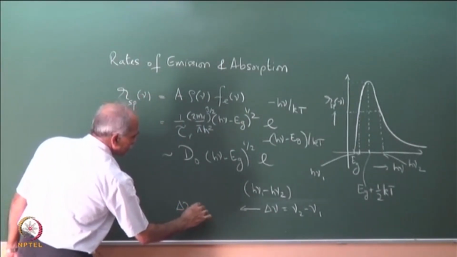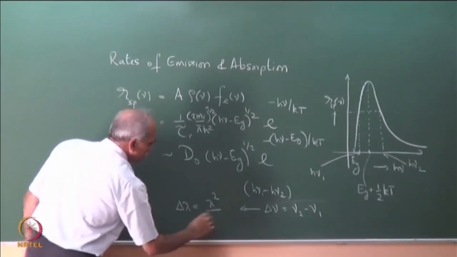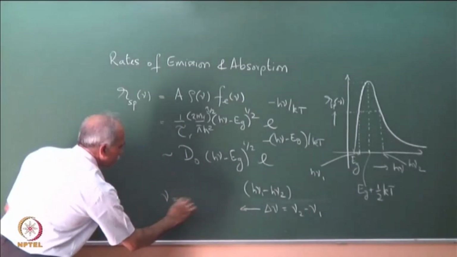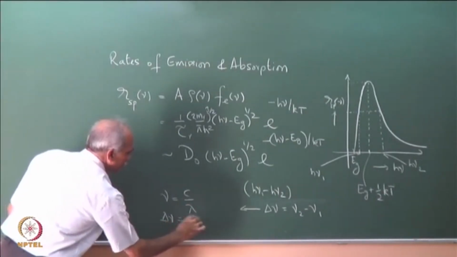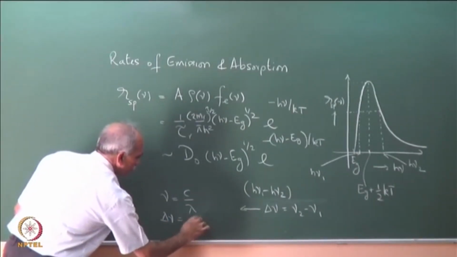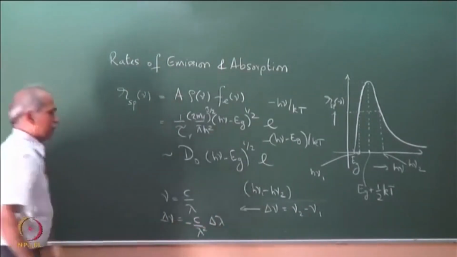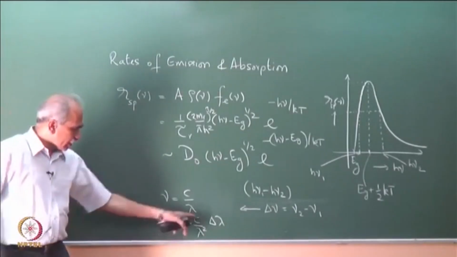Nu is equal to c by lambda, and therefore delta nu is equal to c by lambda square into delta lambda with a negative sign. So, delta lambda is equal to lambda square into delta nu by c.